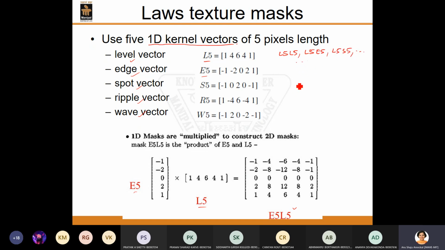Like that, I'll get 25 two-dimensional kernel masks by multiplying these with each other.